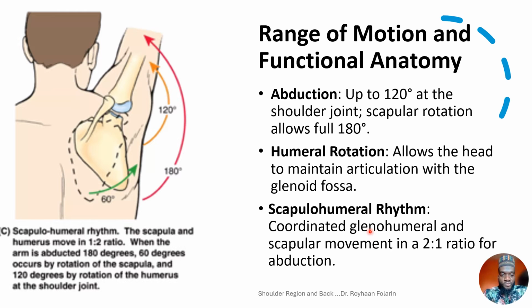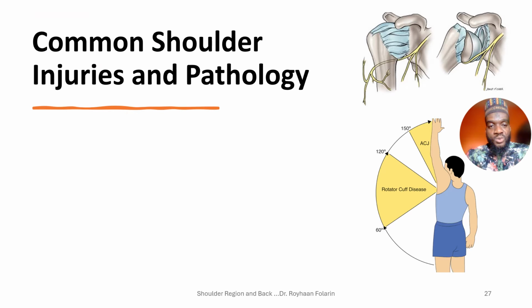So for every 1 movement made by the scapula, 2 of them have been made by the humerus around the shoulder joint. So when the arm is abducted at 180 degrees, 60 degrees occurs by rotation of the scapula, and that's why the 120 is what is done by the humerus. And when these complement together, you can have the 180 full abduction of the shoulder.